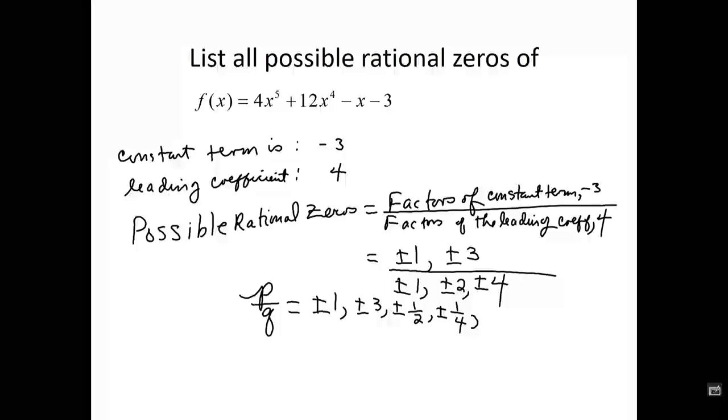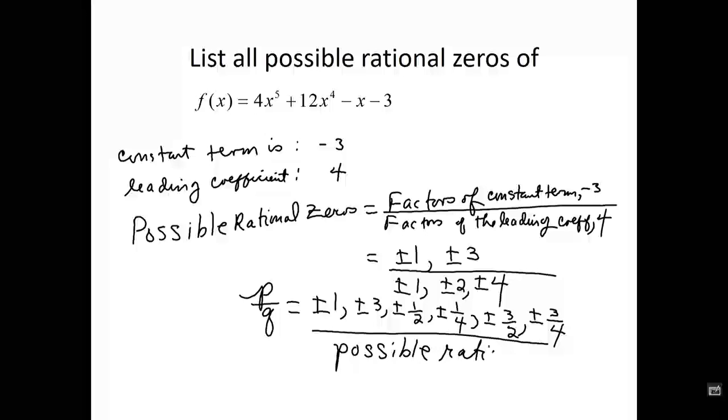Plus or minus 3 divided by 2 is going to be plus or minus 3 over 2. And then finally plus or minus 3 divided by plus or minus 4 will give us plus or minus 3/4. So these represent all of the possible rational zeros.